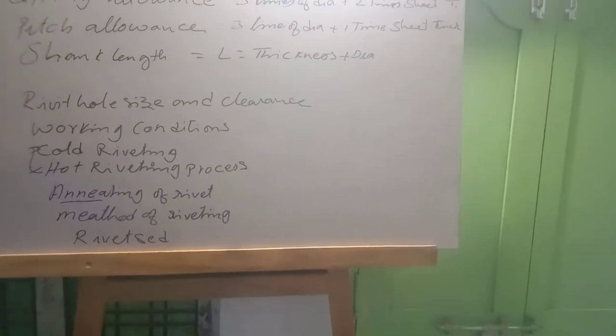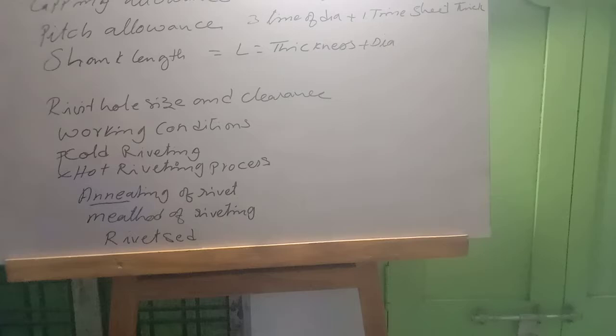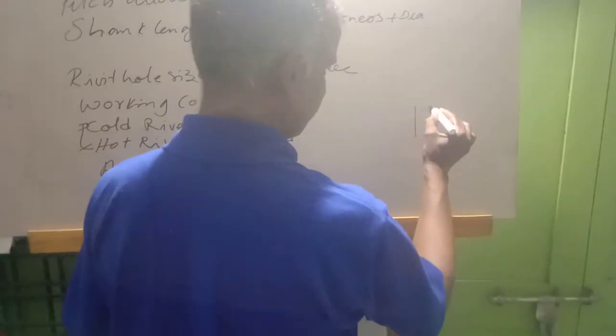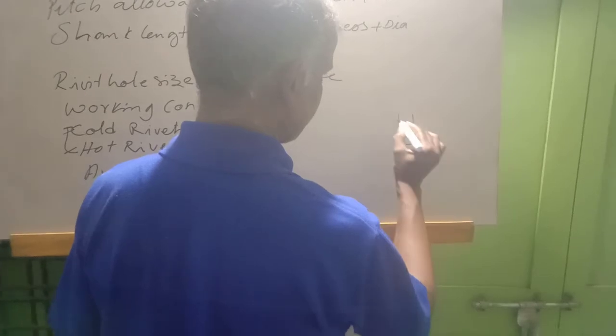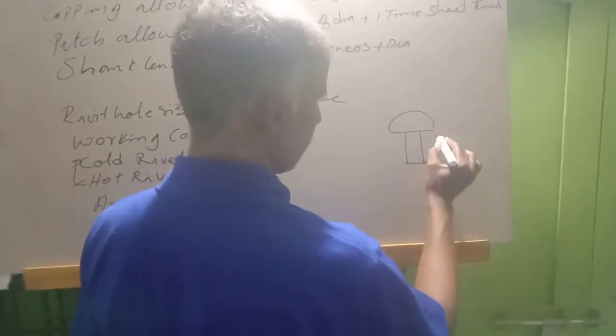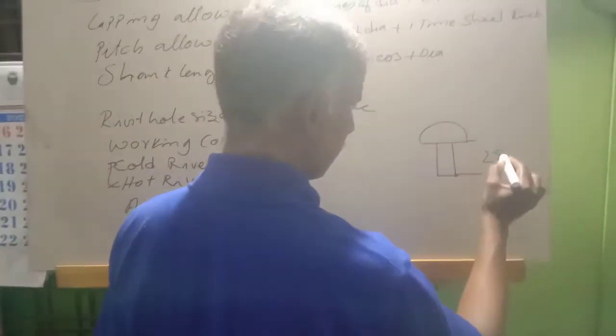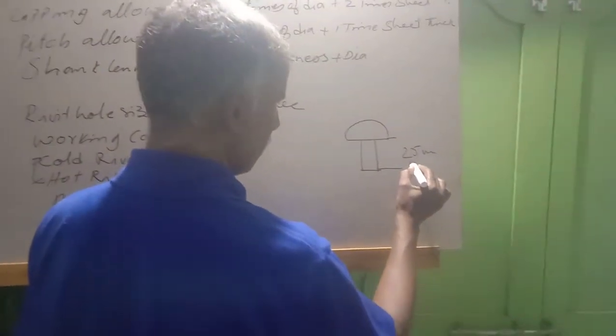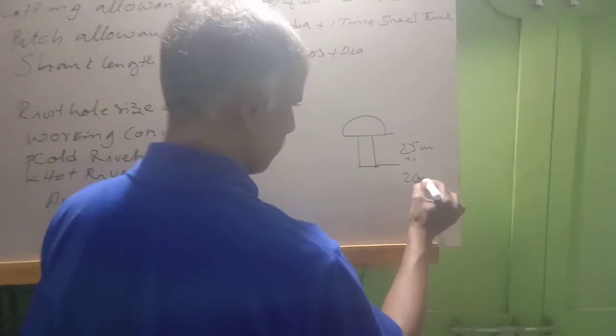Any metal, when it is heated, will expand. See, for example, this rivet length is 25 mm. When it is heated, plus 1 mm, that is 26 mm.